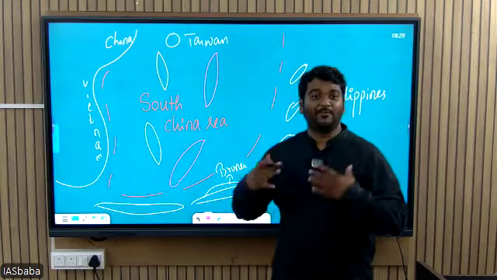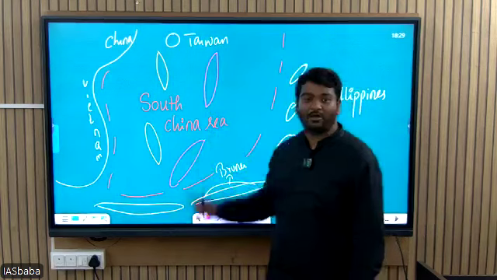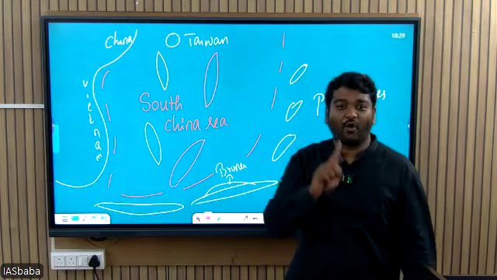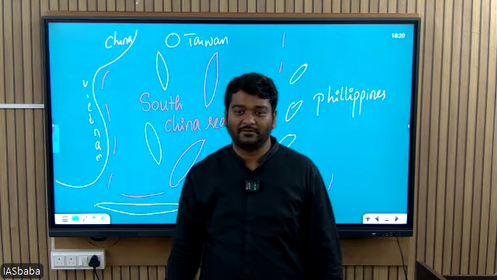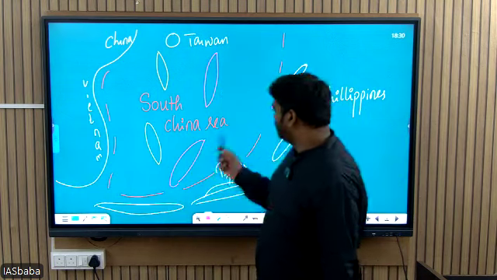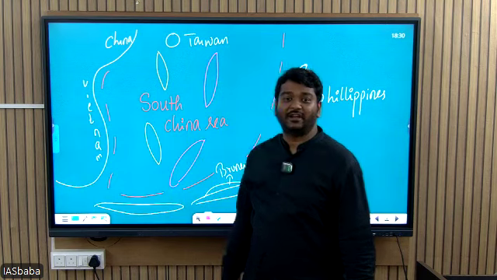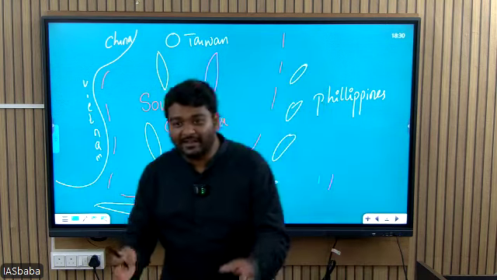US told, I will protect. China, this is wrong. Go back. If the court gives judgment on any law, you should agree to it. Who told? US. To whom? China. China told, at least I have signed the agreement.